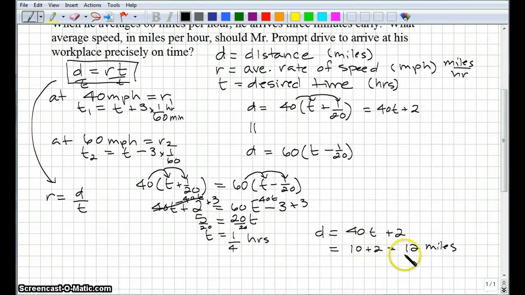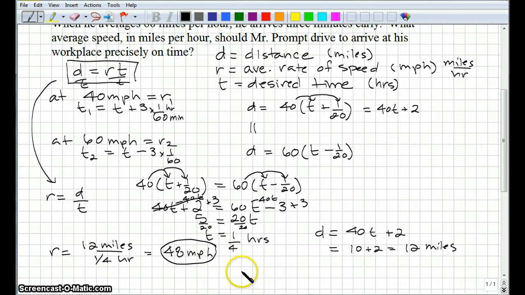He wants to drive 12 miles in 1/4 of an hour, so the rate is equal to 12 miles over 1/4 of an hour, and that essentially gives us 48 miles per hour. And that is the answer, 48 miles per hour. All right, so there you go.